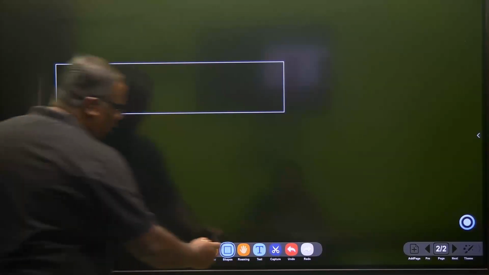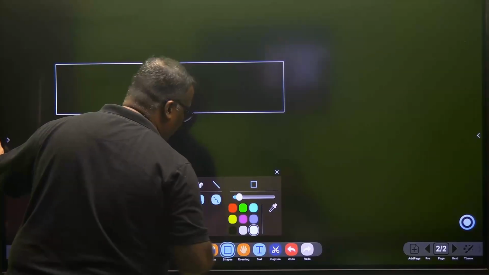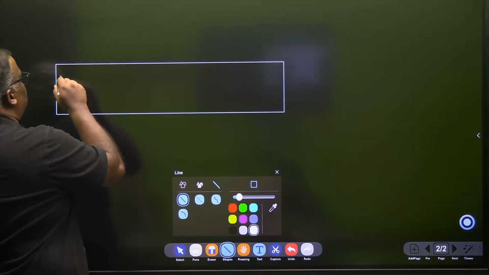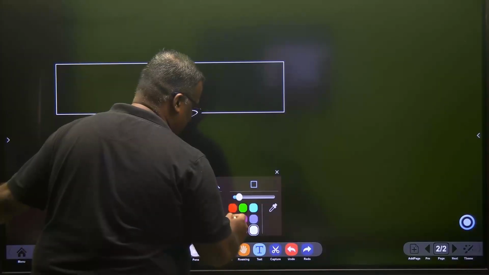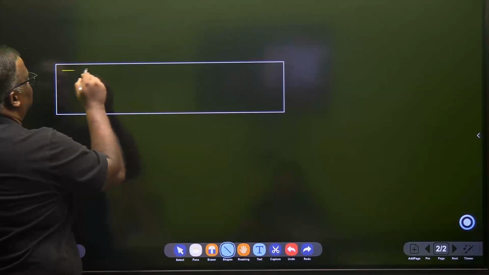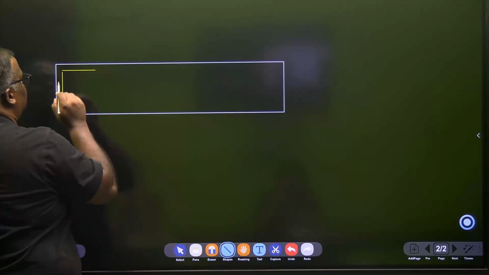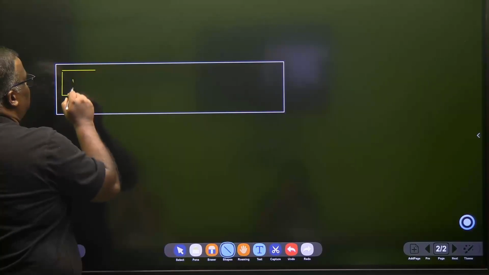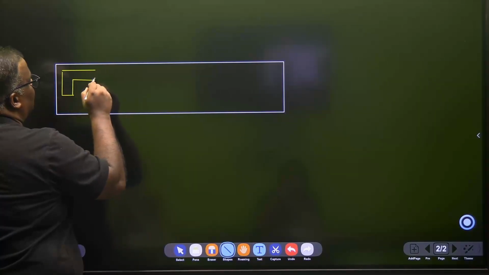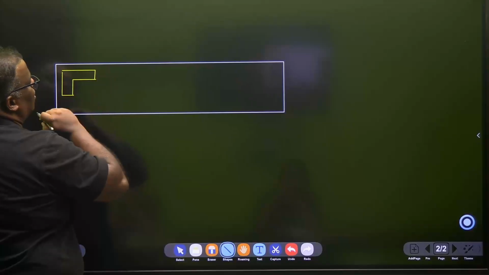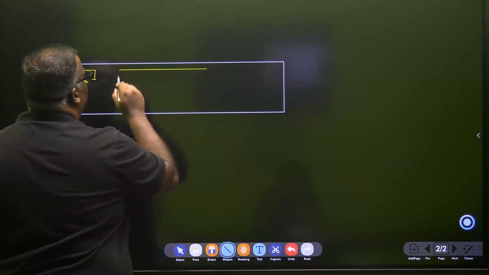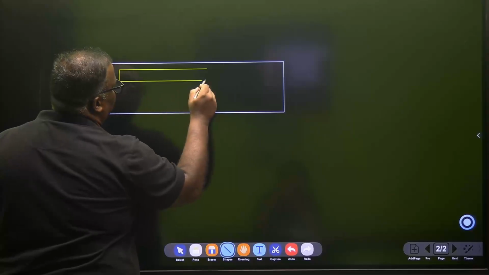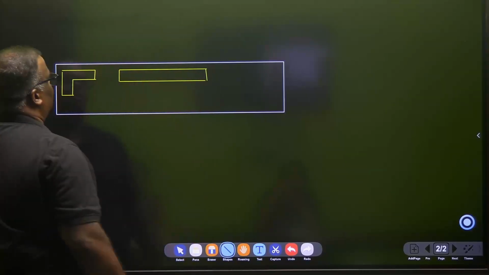In this wooden block, there will be copper plates like this. So many meter bridges we have drawn. So this is 1, and this is 2.